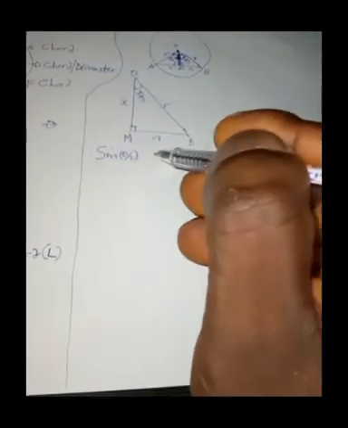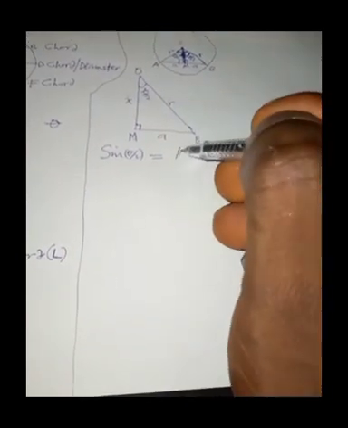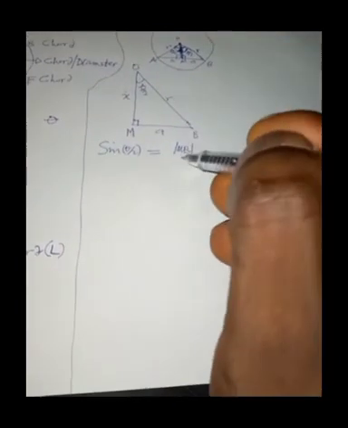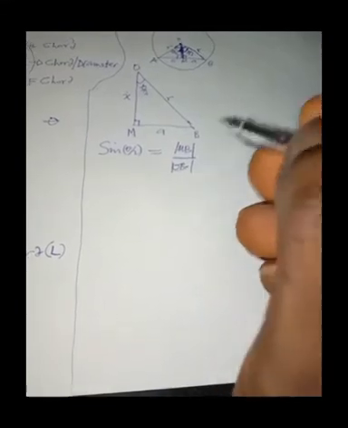Now, from trig ratio, we can say sine theta over 2 is equal to opposite over hypotenuse. From SOHCAHTOA, opposite over hypotenuse. MB is the opposite, OB is the hypotenuse.